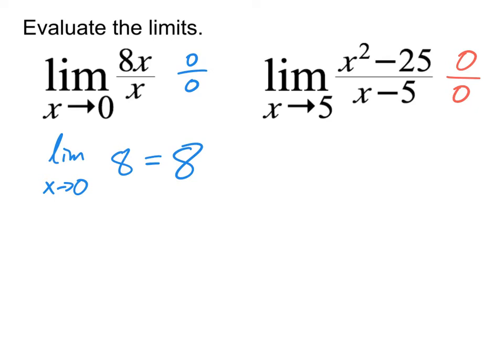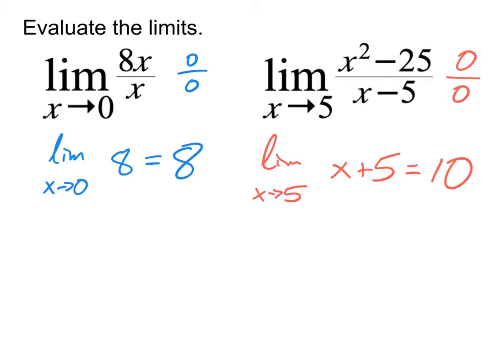Now, of course, we can simplify it here because this factors. That becomes x minus 5 times x plus 5, meaning that then the x minus 5s cancel each other out. And so the whole thing is actually the limit as x approaches 5 of just x plus 5. Then I can do direct substitution. 5 plus 5 is 10. And there's our answer.